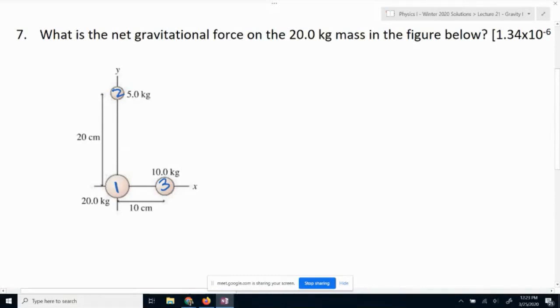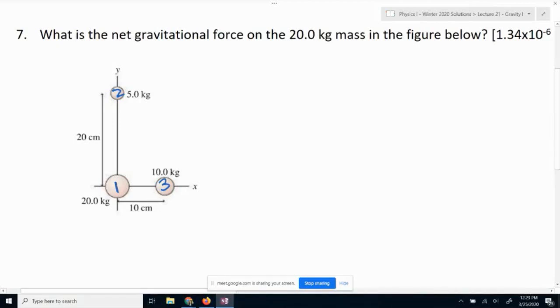Okay, so we have a force that 2 exerts on 1. Does 2 attract 1 or does 2 repel 1? When we talk about force of gravity, are these always attractive forces or are they sometimes repulsion forces? Since 1 is bigger than 2, wouldn't 1 be attracting 2?